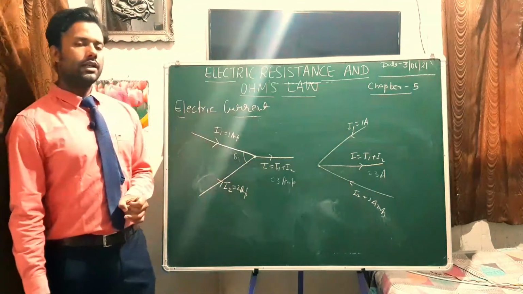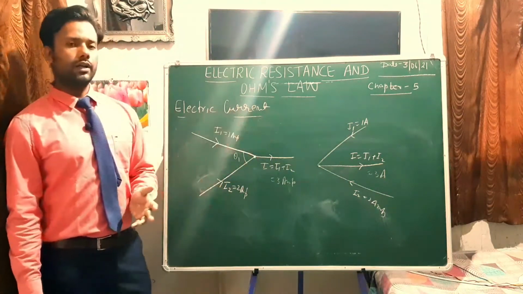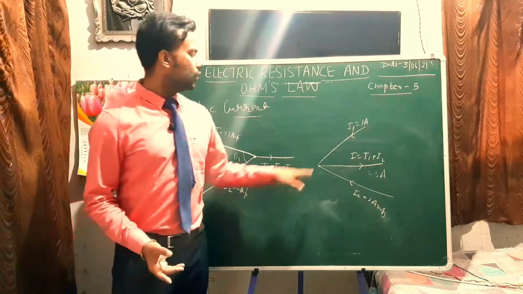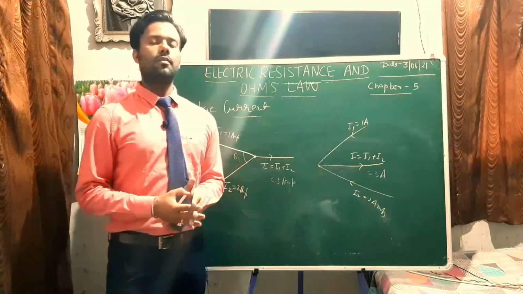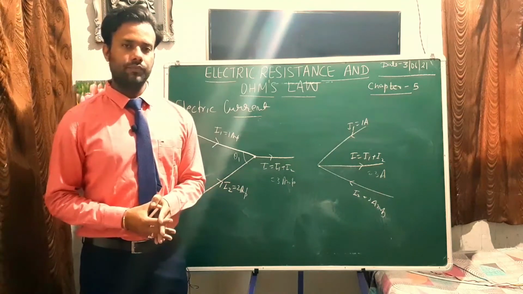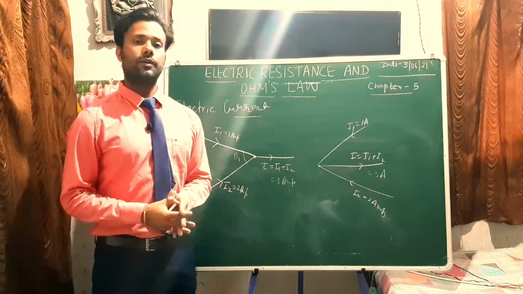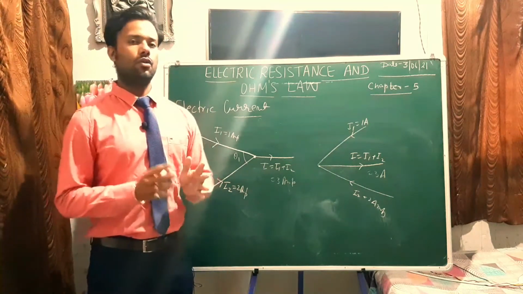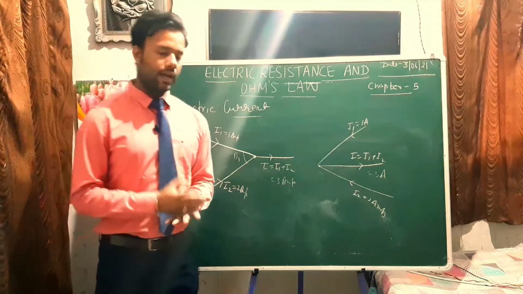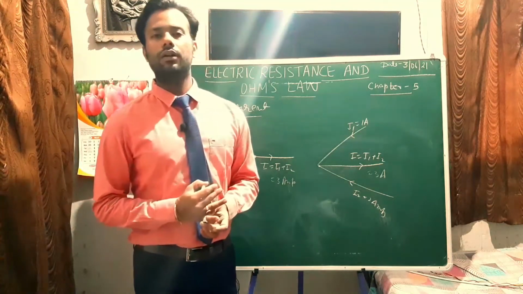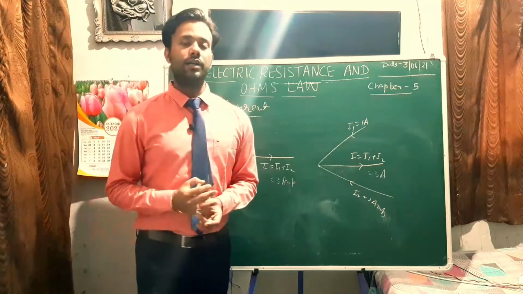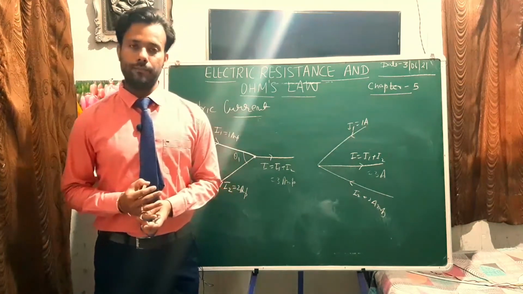So you can see in this example that the magnitude of current is independent of the angle between the two components of current. It means current does not obey the triangular law of vector addition. Hence, current is not a vector quantity, but a scalar quantity.